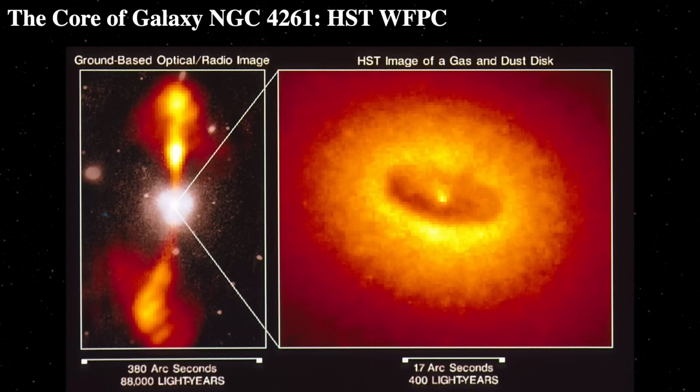Even that tiny dot, the black hole itself would still not be visible, because it's much smaller than the dot you see in the center. However, as material falls in, it gets entrained by the supermassive black hole, and that is the source of the jets that you see on the left-hand side.